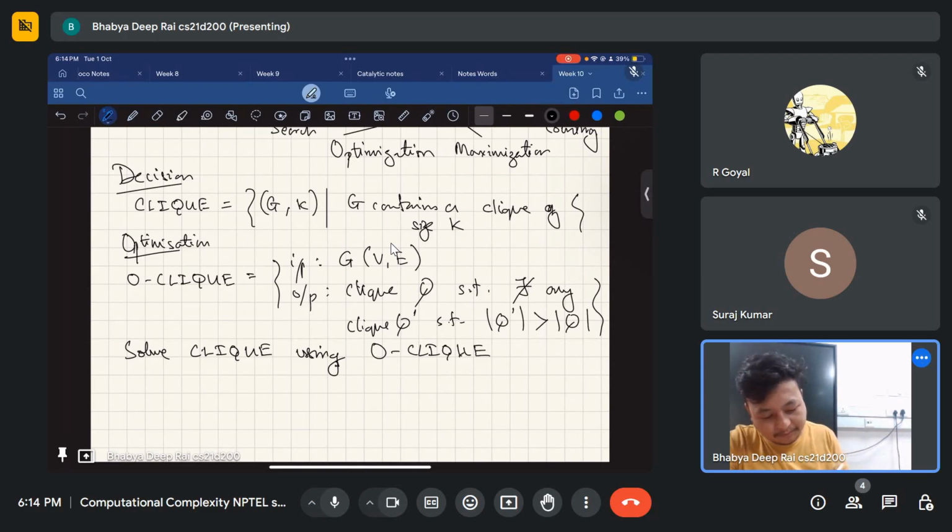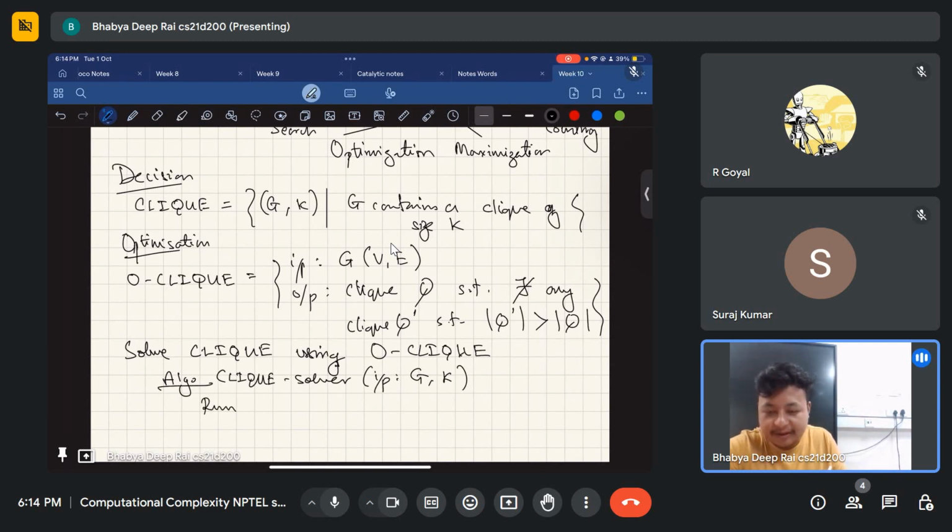Now here is an algorithm for clique. I'll call it clique solver. What is the input? Input is G and a k. Now what do I do?